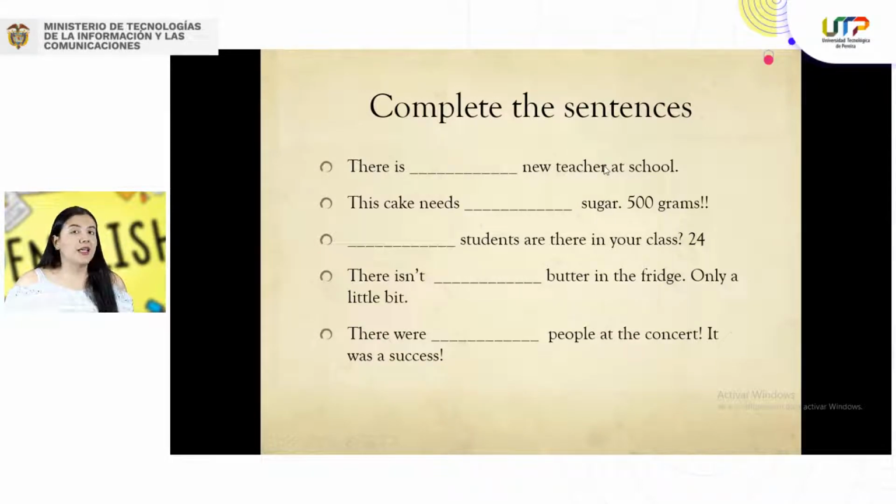Recuerden que dijimos que las personas como students, teachers, doctors, son countable nouns. Yo sí puedo contar y decir un profesor, dos profesores. Como es solo uno, y dice there is, eso me indica que es singular. Entonces simplemente digo there is a new teacher at school.